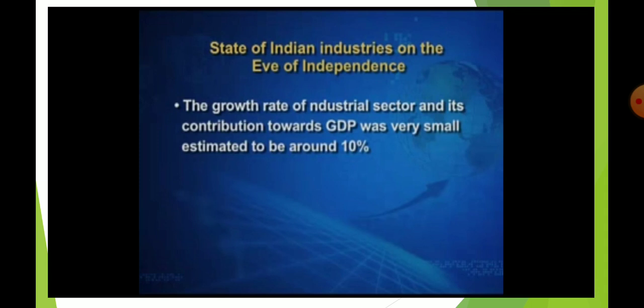This clearly states that the condition of our industrial sector on the eve of independence was not good. Why? Because if a country is earning 100 rupees, and the contribution of the industrial sector is only 10%, that means only 10 rupees, so you can understand that the growth and development of the industrial sector was very insignificant.